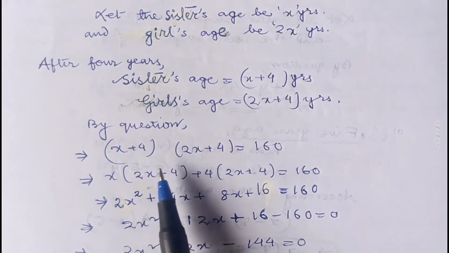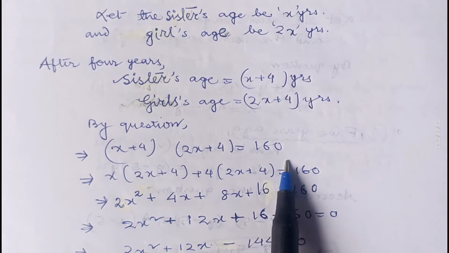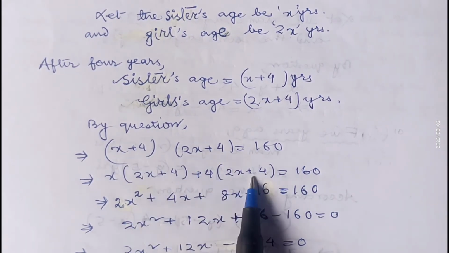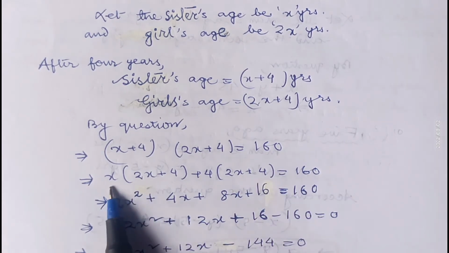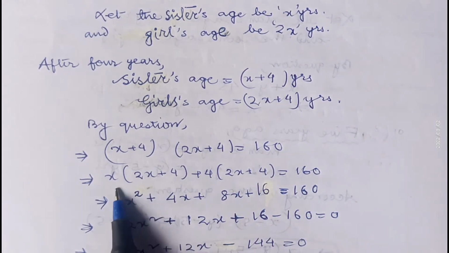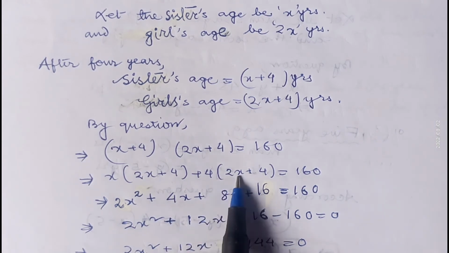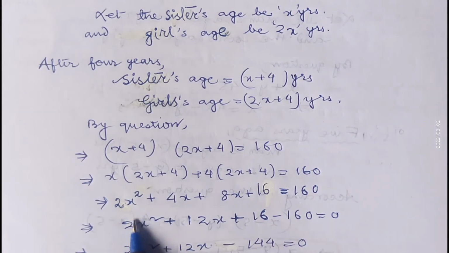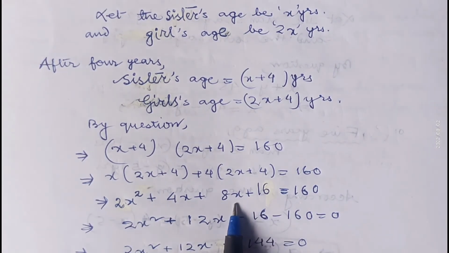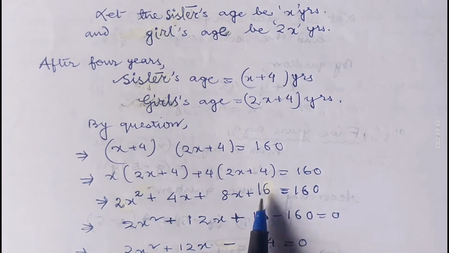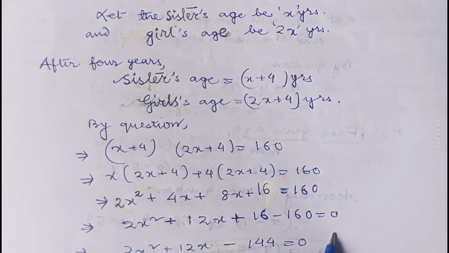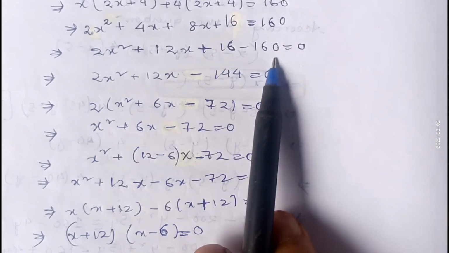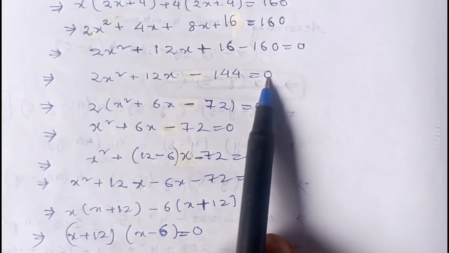So x plus 4 into twice x plus 4 equals to 160. So x into twice x plus 4 plus 4 into twice x plus 4 equals to 160. X into twice x is 2x square, plus 4 into x is 4x, plus 4 into twice x is 8x, plus 4 into 4 is 16, equals to 160. So 2x square plus 8x plus 4x, it will give 12x, plus 16 minus 160, it will give minus 144 equals to 0.